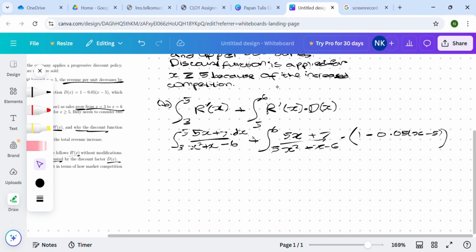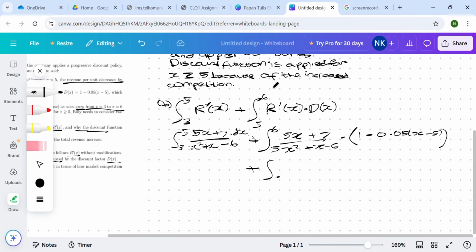Anyway, we can still expand this part by multiplying (5x + 7)/(x² + x - 6) times 1, and (5x + 7)/(x² + x - 6) times -0.05(x - 5).